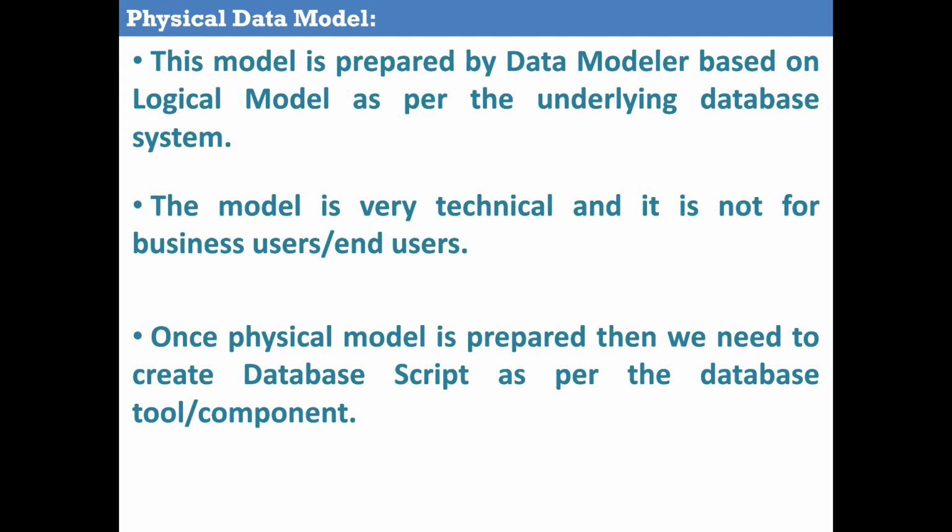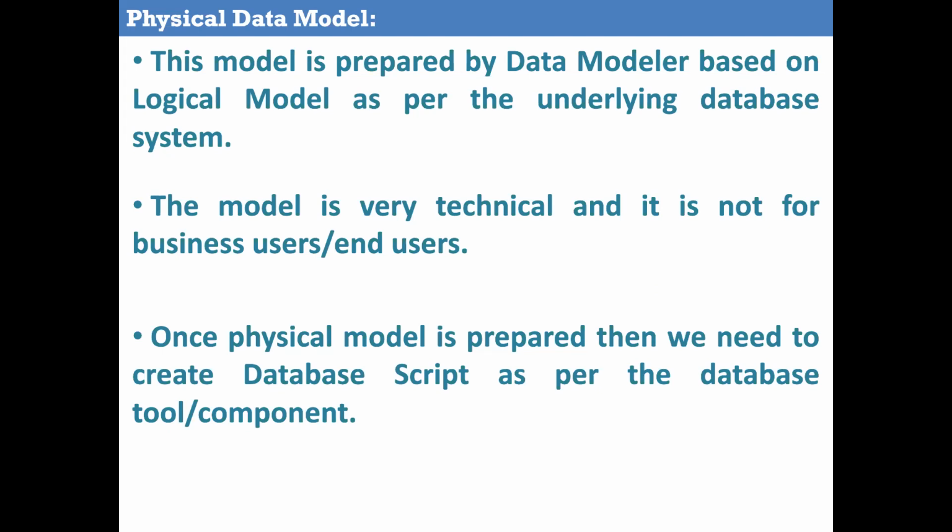Once your physical model is ready, when you convert this physical model into physical code, then your specific database system comes in. For example, if it is Oracle, then you have to transform your physical data model into a database script as per Oracle. This script will be as per the specific database product.